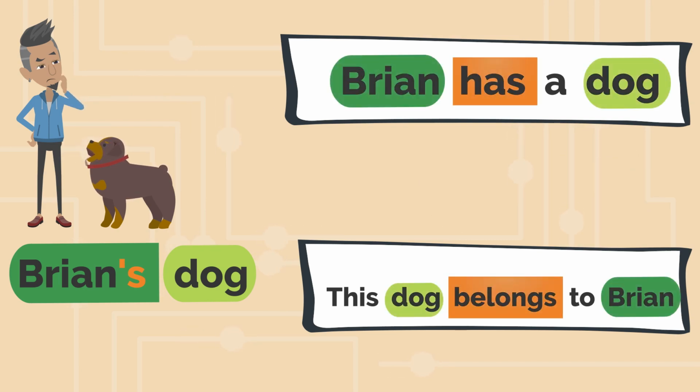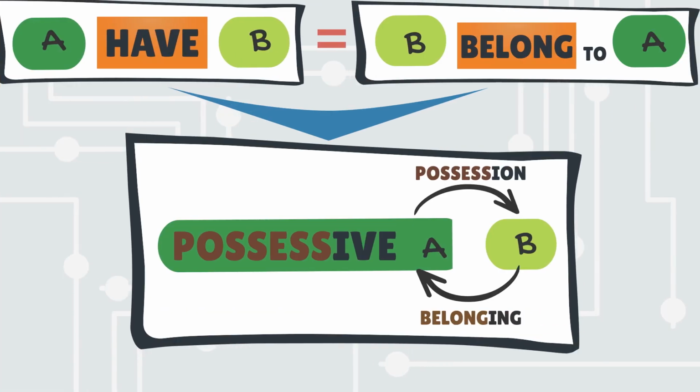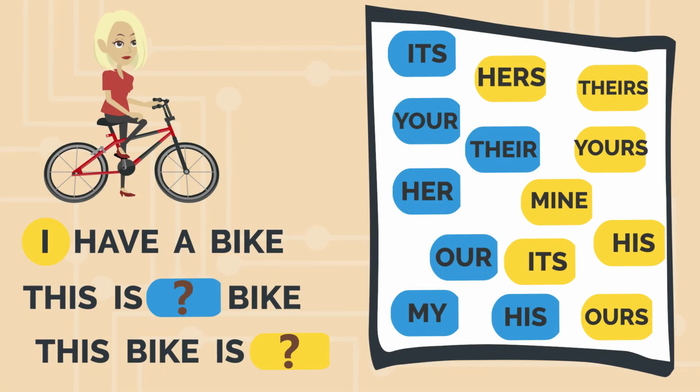Brian has a dog. This dog belongs to Brian. I have a bike. This is my bike.